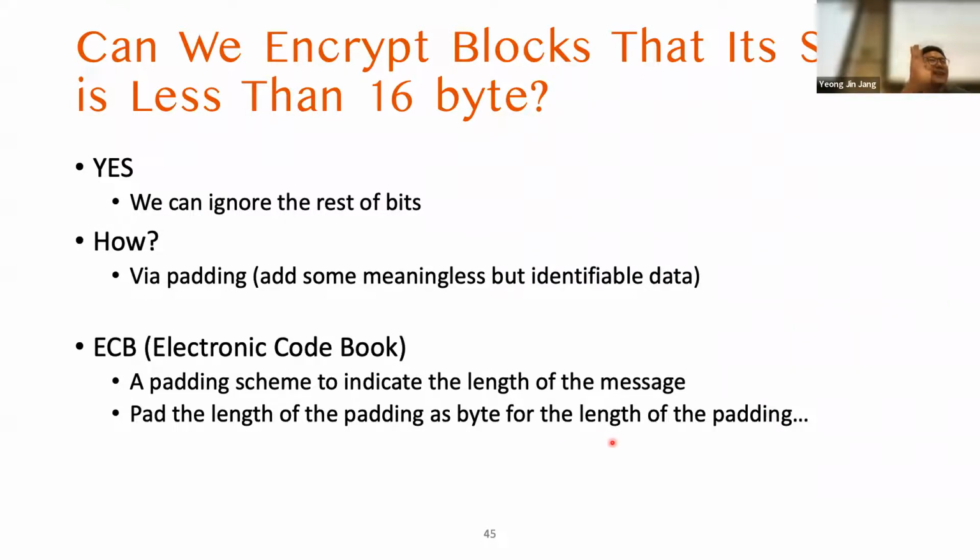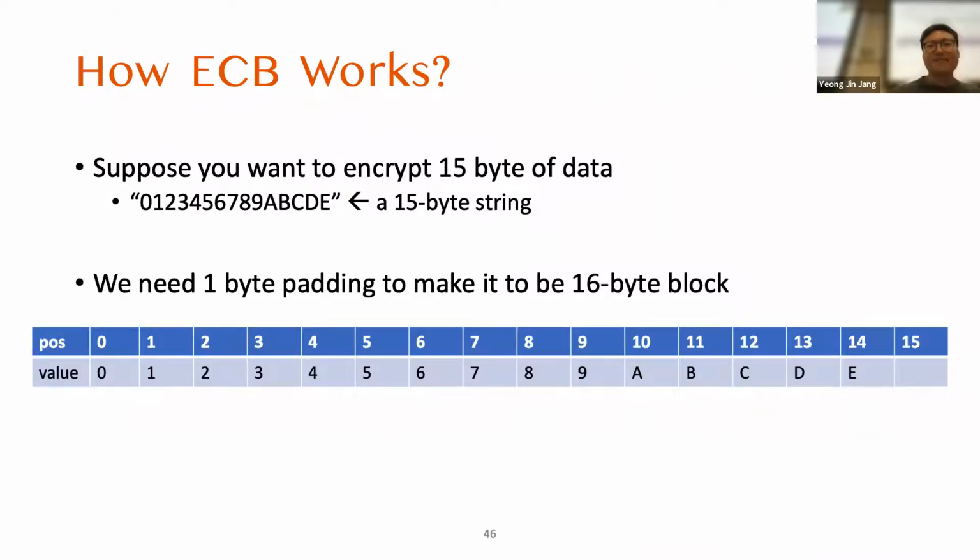You might not get what these words mean, so I prepared a diagram. Suppose you have 15 bytes of data: from 0 to 9, and then A, B, C, D, E. So it's a 15-byte string.